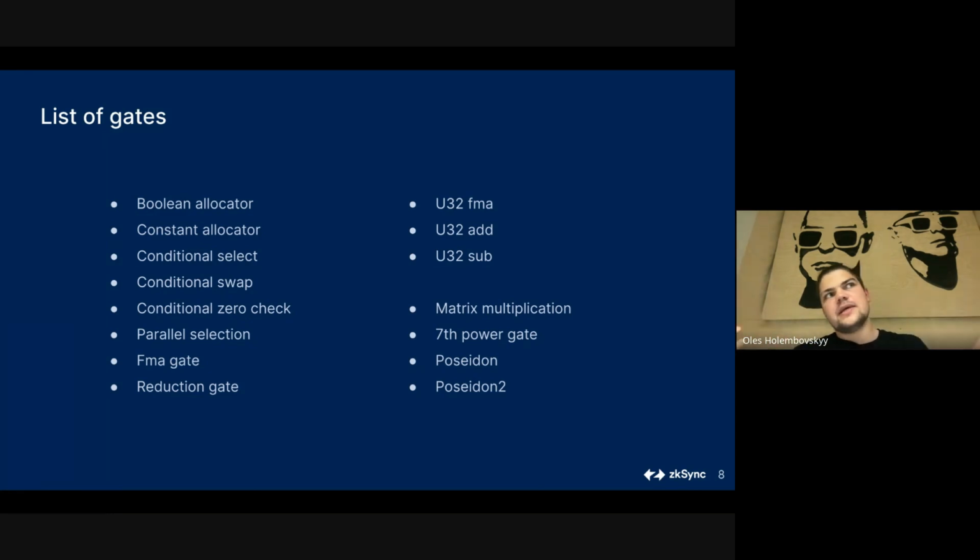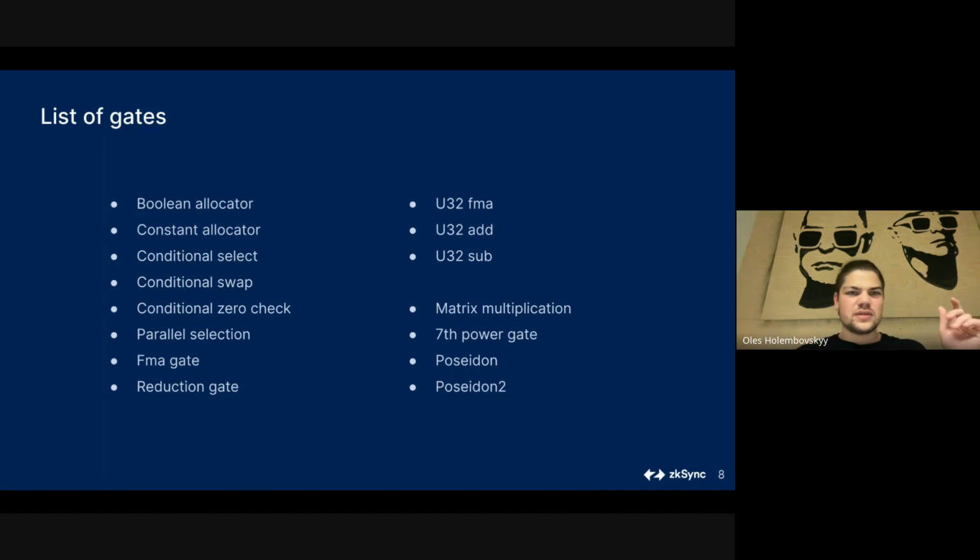The key is, if your circuit is mostly about computing a Poseidon 2 hash, then you can benefit a lot from using witness, because you can make these intermediate results witness, and it's a lot cheaper.